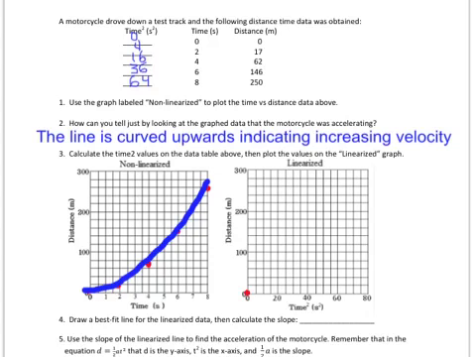I'm counting by 5s, so 4 and 17 is going to be right about there. And then I'm going over to 16 and up to 62. So I'm going over to 16, which is about here, and up to 62, which should be about there.